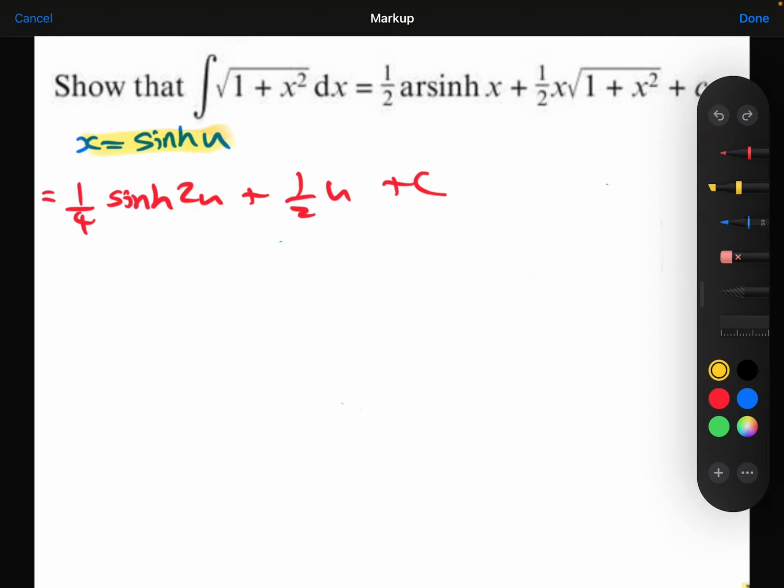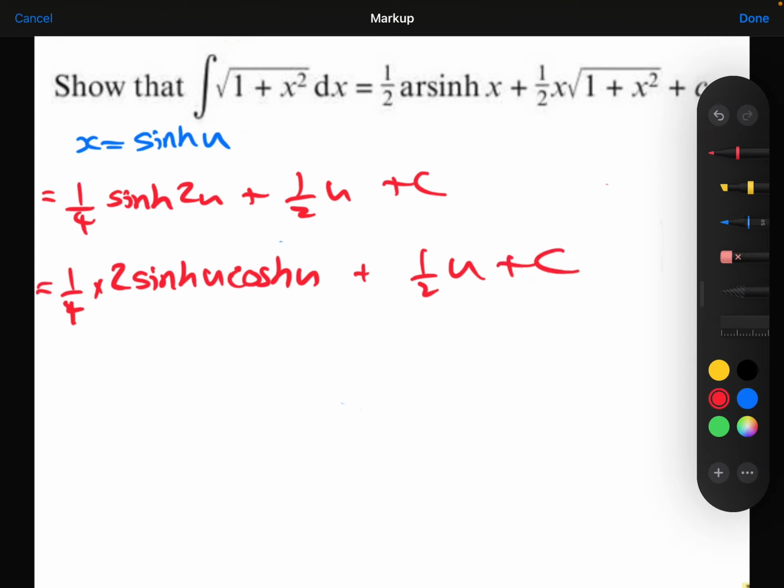And that's okay. I know that sinh 2u can be replaced with 2 sinh u cosh u. The quarter and the 2 will simplify to be a half.